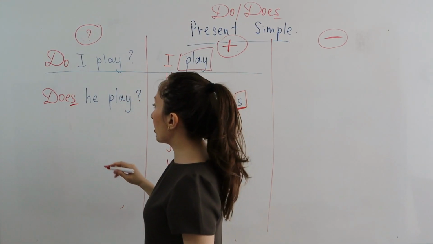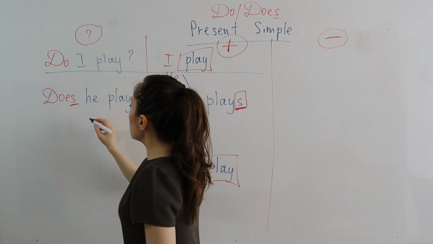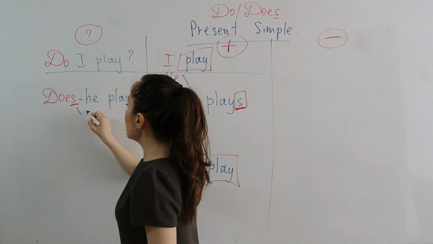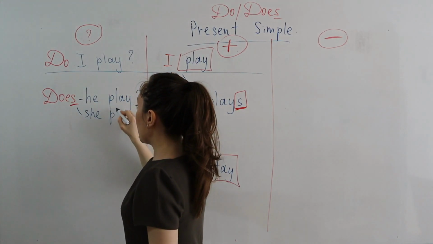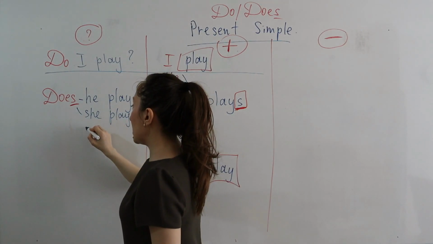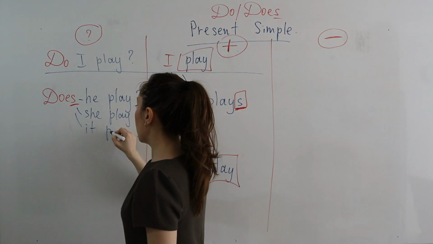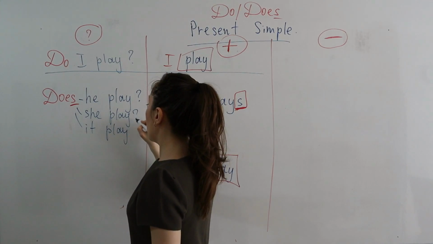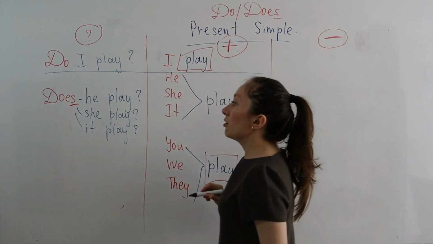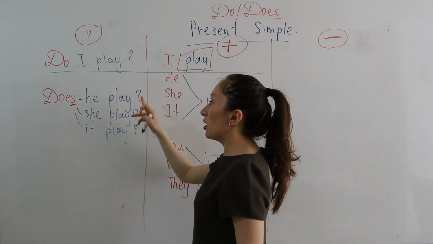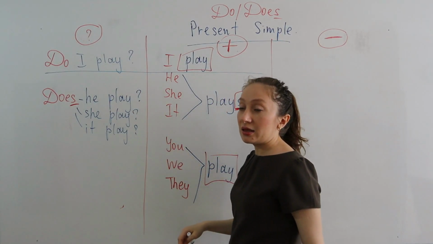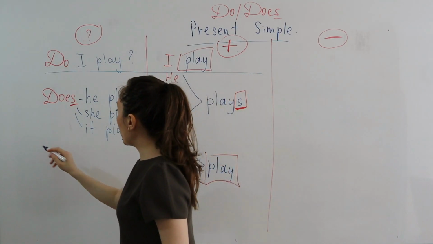The next the same for she. Does she play? Does it play? You see, for all three of them, we don't have S ending in the questions, right? Super easy.